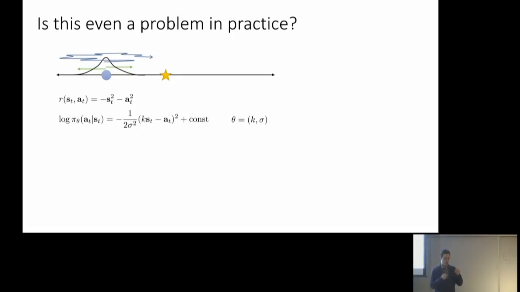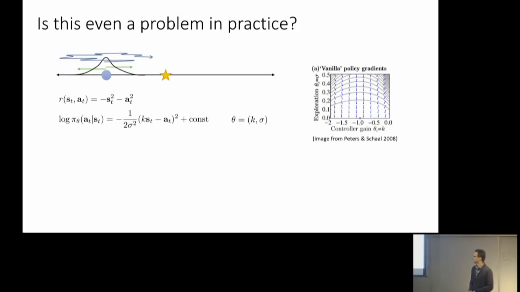Basically, the optimal policy here is one where sigma essentially goes to 0, which means the policy becomes deterministic, and any non-zero sigma always hurts your reward, because sigma causes you to take bigger actions, sometimes in the wrong direction, and that always is penalized by this term. So if you actually compute the policy gradient with infinite samples, the gradient for sigma will always point down.